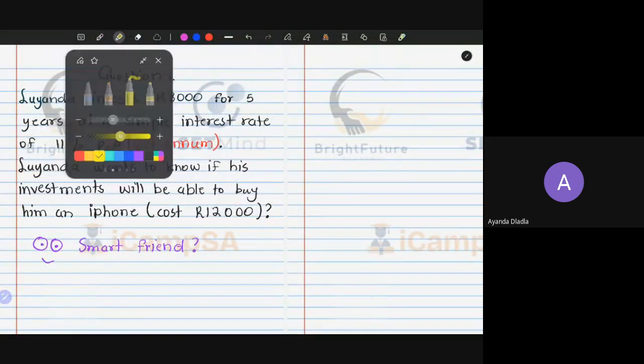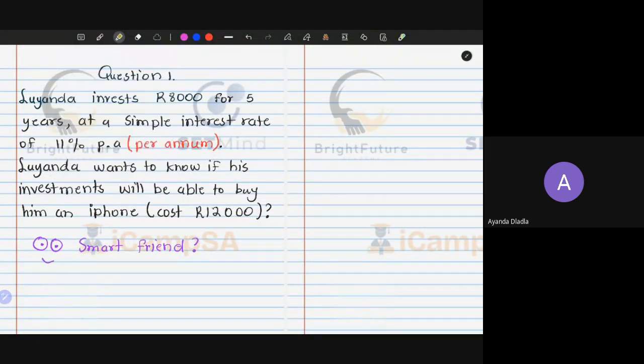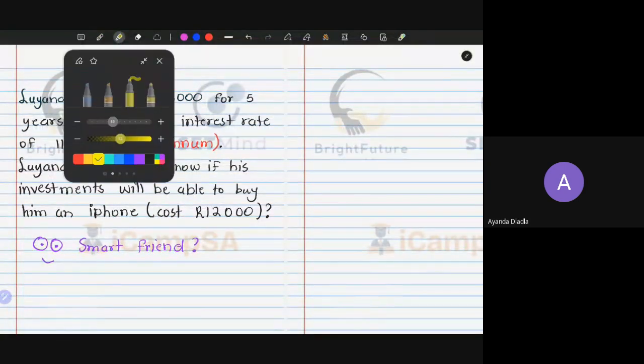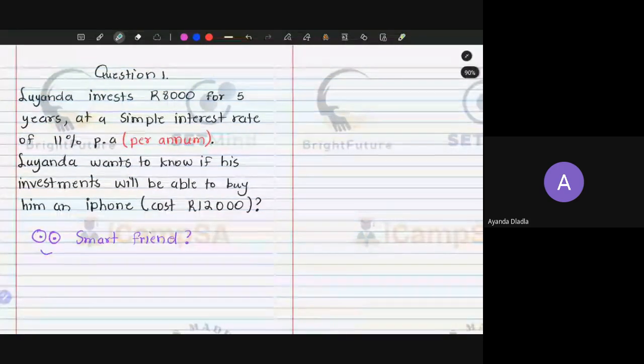The first thing we should realize as smart friends is, are we dealing with compound interest or simple interest? Guys, anyone here, read the problem. Luyanda invests 8,000 and he's moneyed for 5 years at a simple interest rate of 11%.